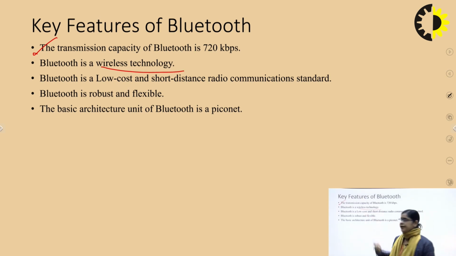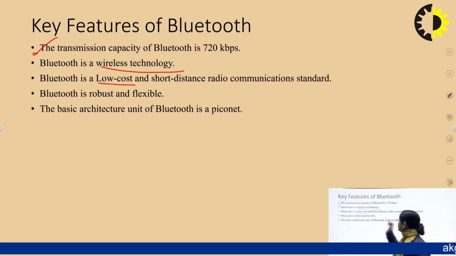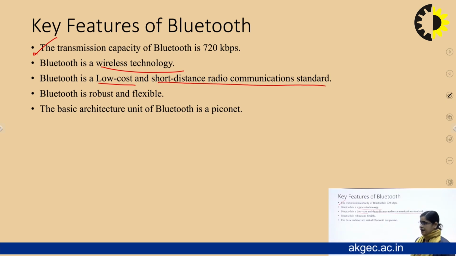We are not using any wire or cable for connecting the two devices. It is very low cost, but it should be kept in mind that it is a short distance radio communication standard. We cannot connect very long distance devices with Bluetooth. It should be in a specific range.